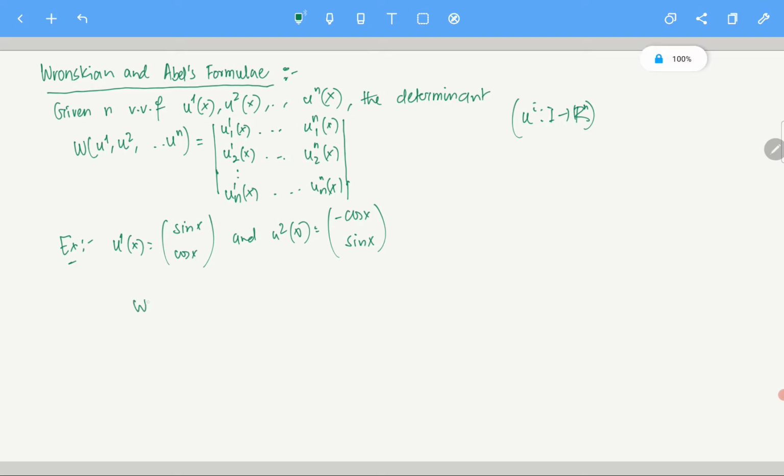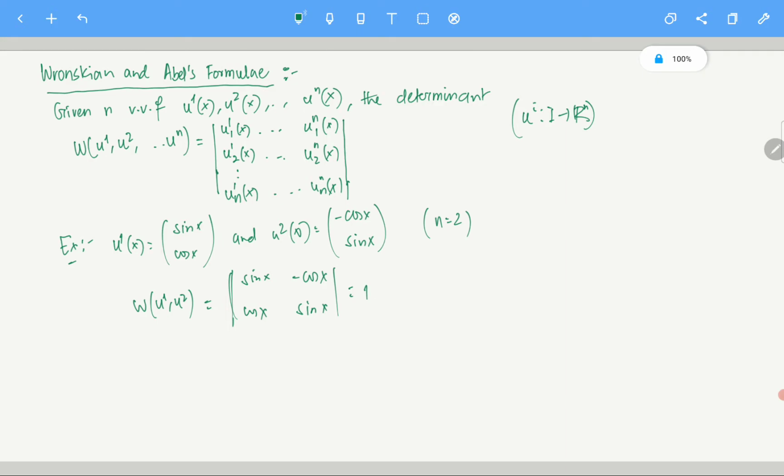This is the case of n equals 2. The Wronskian of u1 and u2 is given by putting all of this together: sine x, cosine x, minus cosine x, sine x. Of course you can calculate this, and that is going to give you 1.